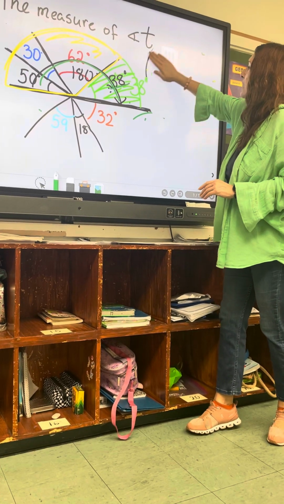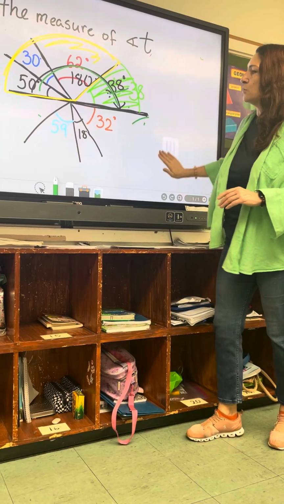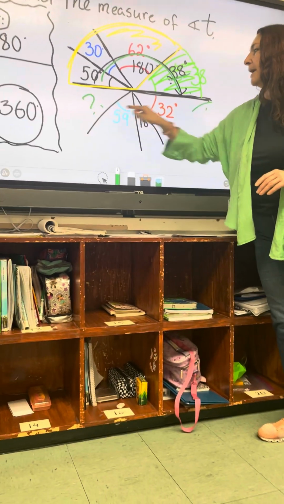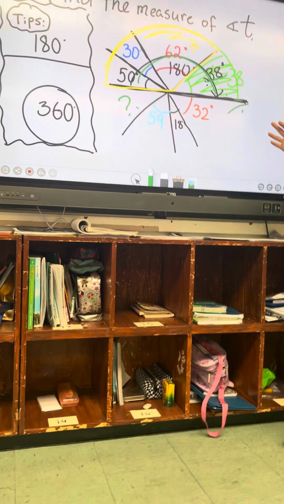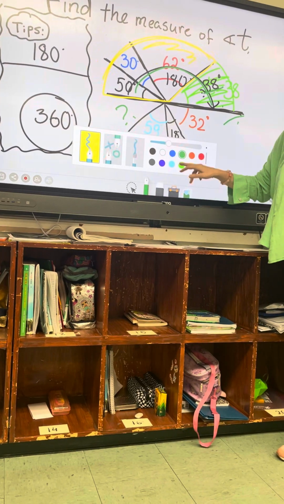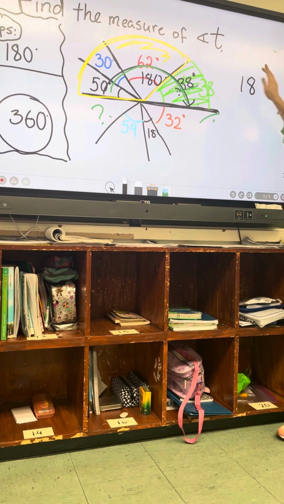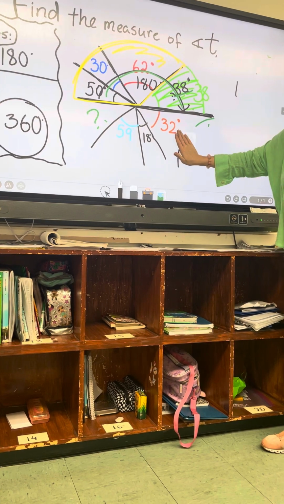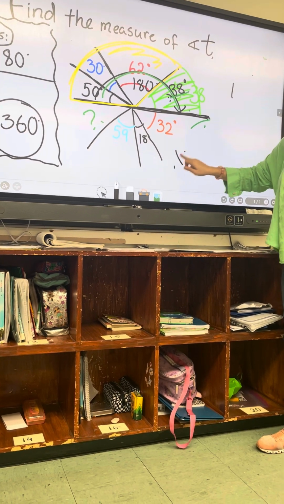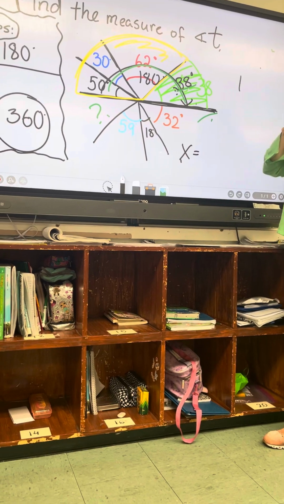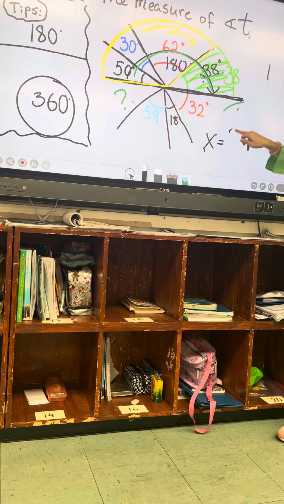So let's see this part that's missing over here. What I do first, I add what I have already. And I'm gonna start with 180 minus, you can write it as an equation. The missing one, we can say it's an x is equal to question mark.